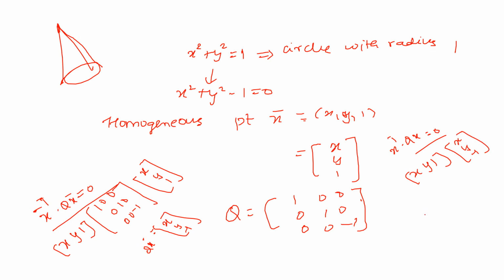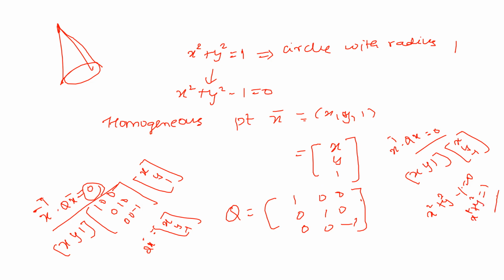On multiplying this matrix, we'll get x square plus y square minus 1. So we know the equation x bar transpose into Q x equal to 0. What we have identified is x square plus y square minus 1, and I can equate this to 0, which means x square plus y square equal to 1.